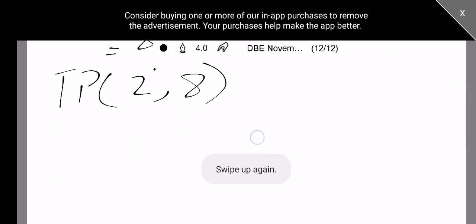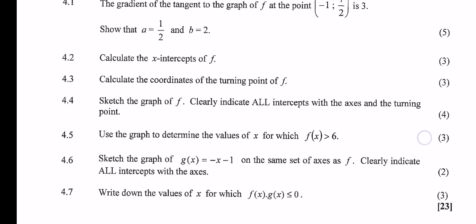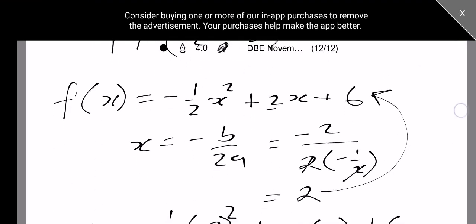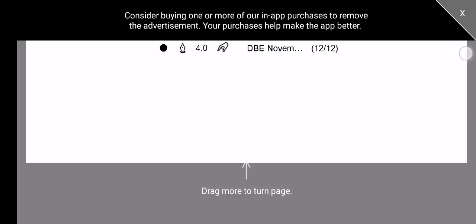Okay guys, let's move on to the next question. The question says, sketch the graph of f and clearly indicate all intercepts with the axis and the turning points. Let me just check if we're going to have enough space there.